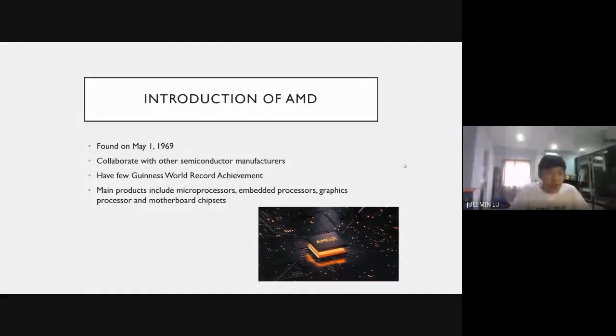AMD also has a few Guinness World Record achievements for the highest frequency of a computer processor. The main products of AMD include microprocessors, embedded processors, graphic processors, and motherboard chipsets for embedded system applications, as well as personal computers, workstations, and servers.